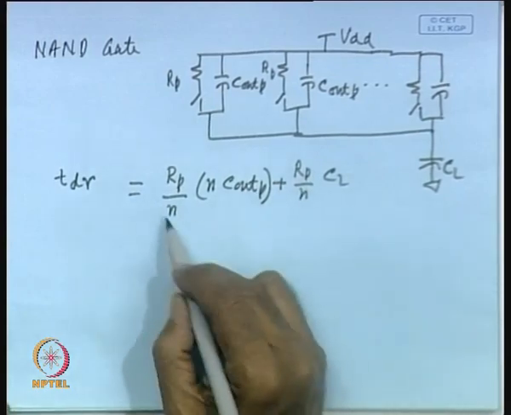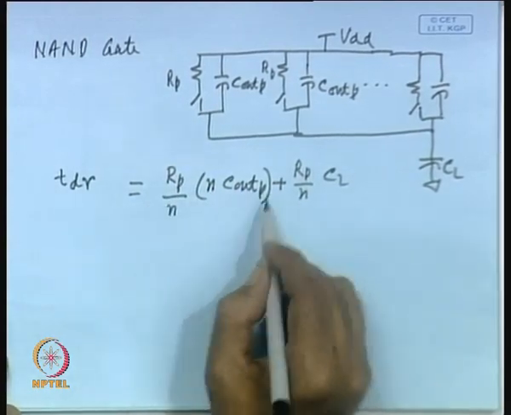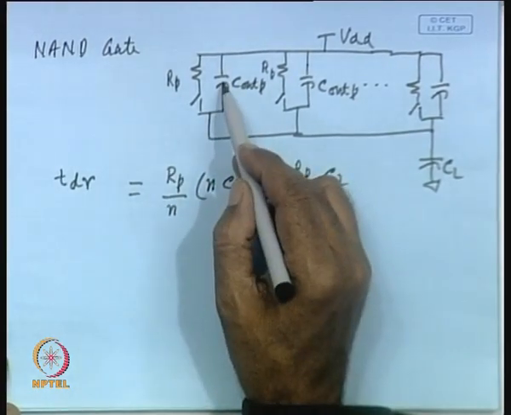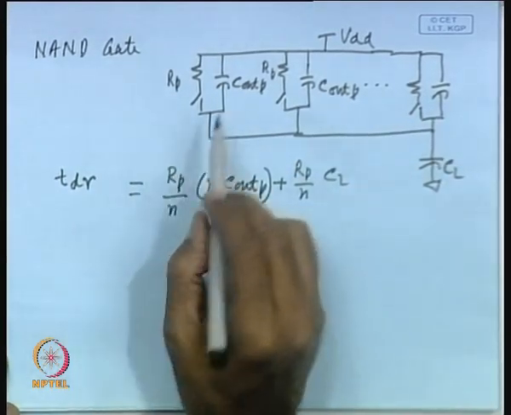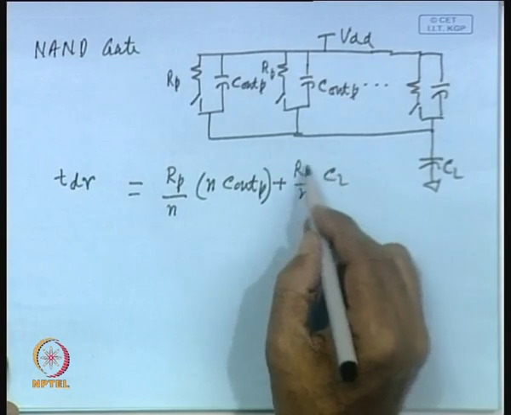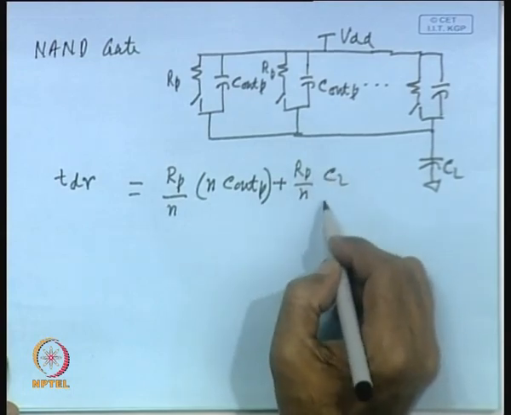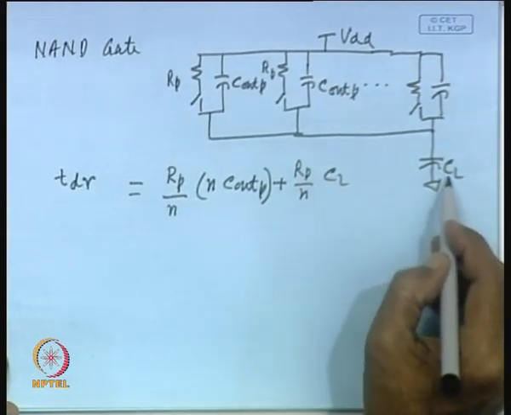We find that it has two components: the first is essentially for charging the different output capacitances, and the second term is essentially to charge the load capacitance.